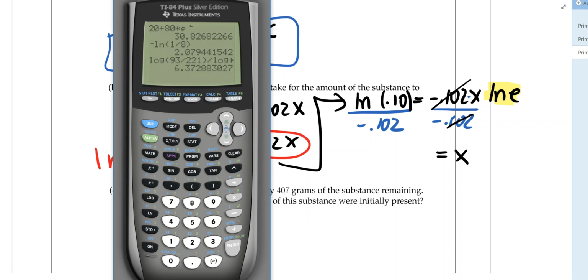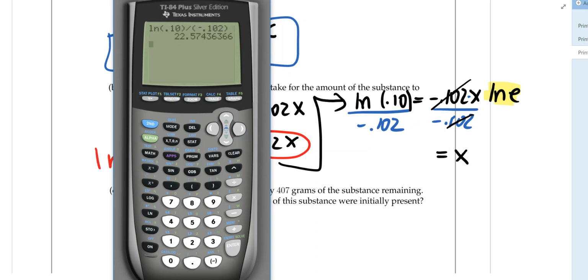So it's going to be ln of 0.10 divided by negative 0.102.